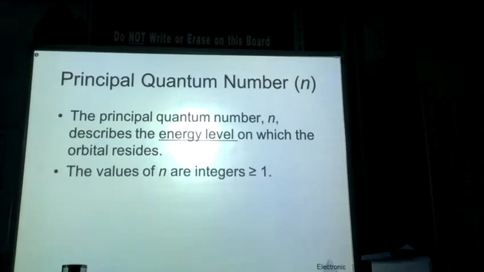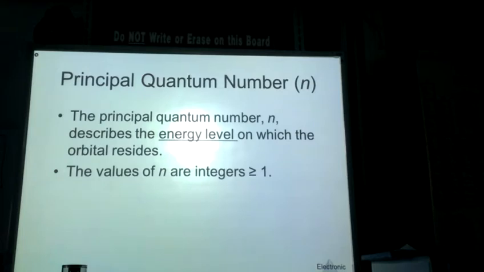Ultimately, principal quantum number is just energy level. That's it. So we know that it's going to start off at 1, so at N equals 1, we have already said that that's going to be ground state. So that's where the electron is going to want to be because it's going to be closest to the nucleus.